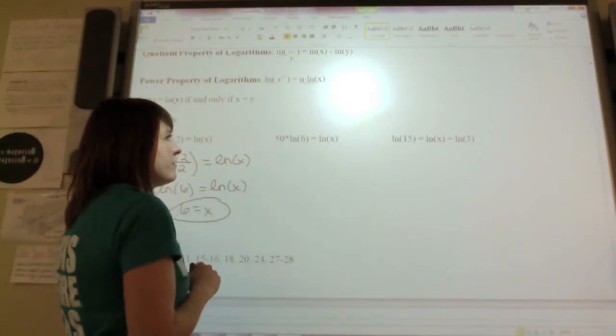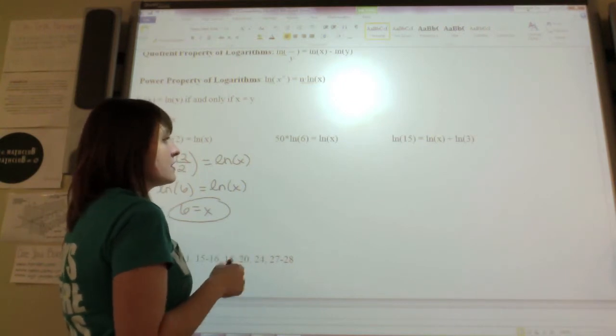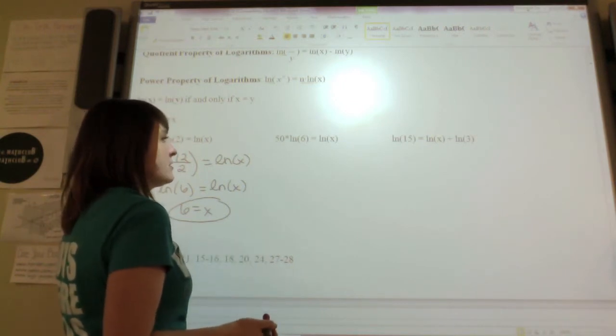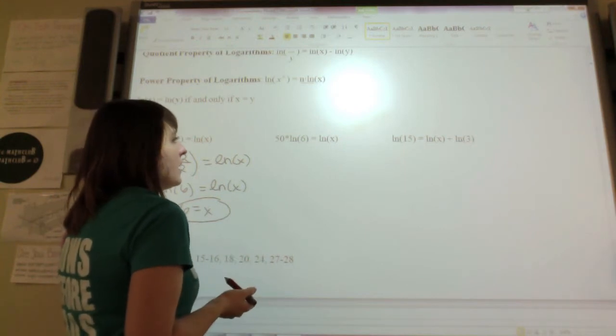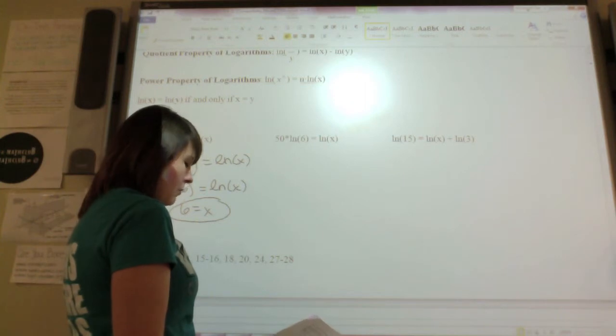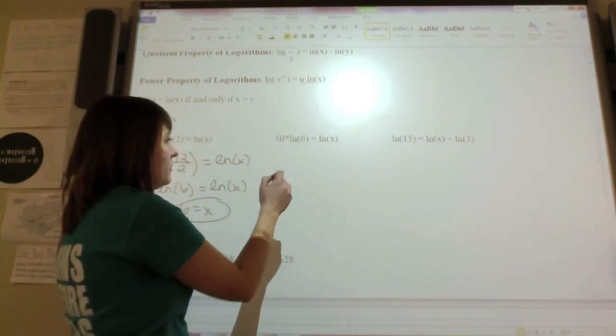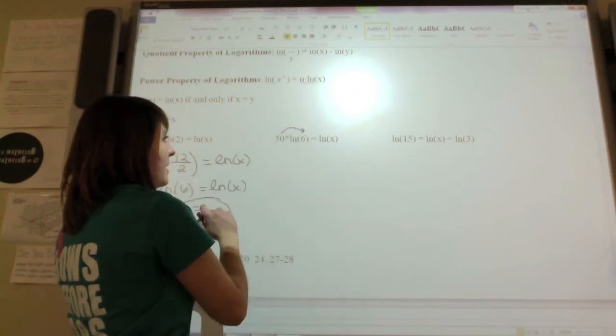All right, over here I've got 50 times the natural log of 6 equals the natural log of x. So looking at that formula there, I know that using my power rule, I could move this back up as a power.